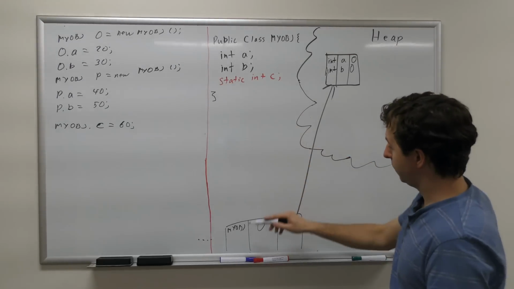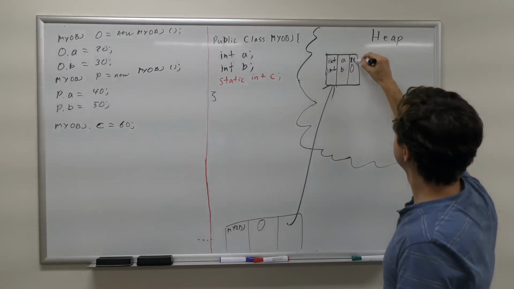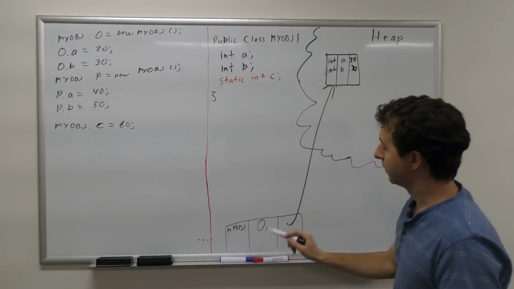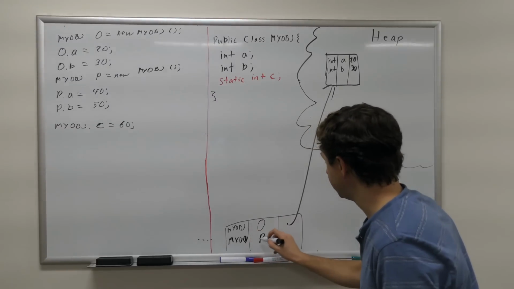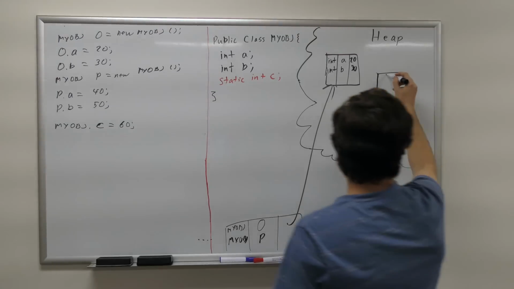Okay, O.A is equal to 20, and O.B is equal to 30. Now we create another one, myObject P, and I'll create another myObject here.